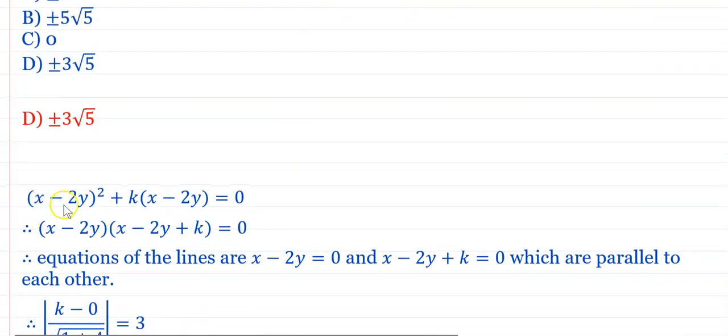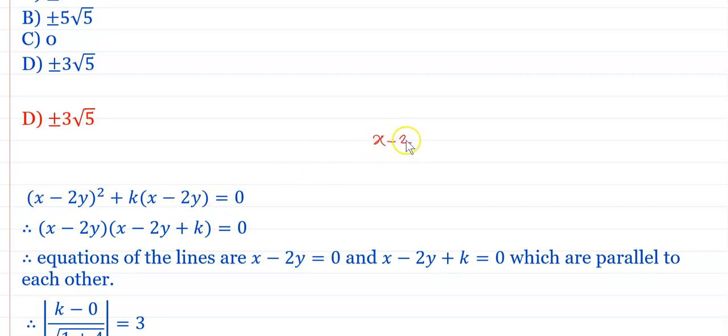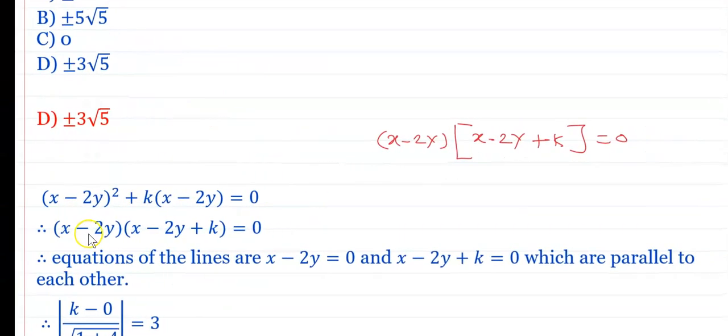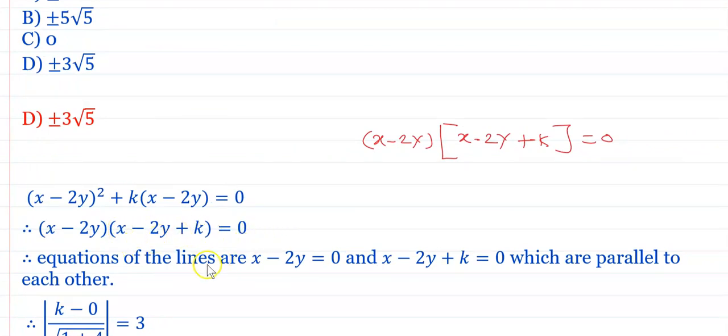From this equation we take x minus 2y as common. What remains? x minus 2y plus k equals 0. Therefore, in the first bracket x minus 2y, and in the second bracket x minus 2y plus k, equals 0. So the equations of the lines are x minus 2y equals 0 and x minus 2y plus k equals 0.